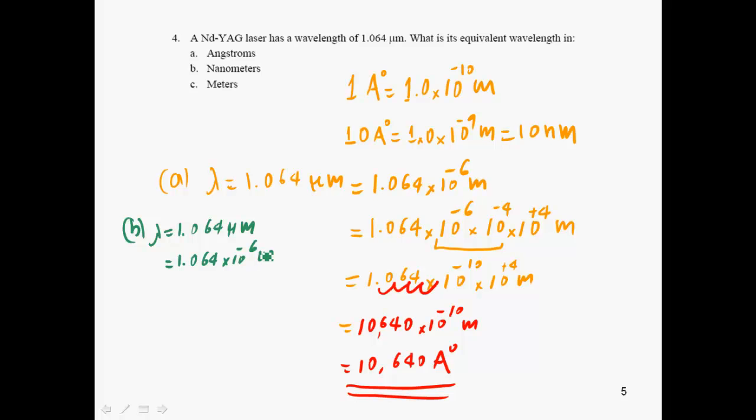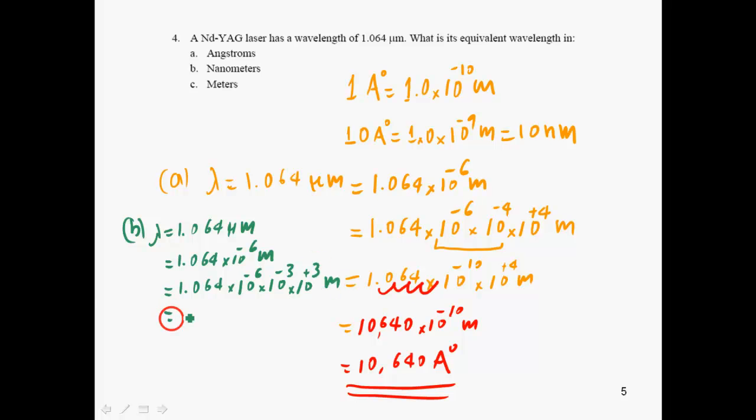I need to go to 10 to the negative 9. So to go to 10 to the negative 9, I'm going to take my 10 to the negative 6, multiply by 10 to the negative 3 to give me 10 to the negative 9, multiply also by 10 to the positive 3, so I don't change my number here.